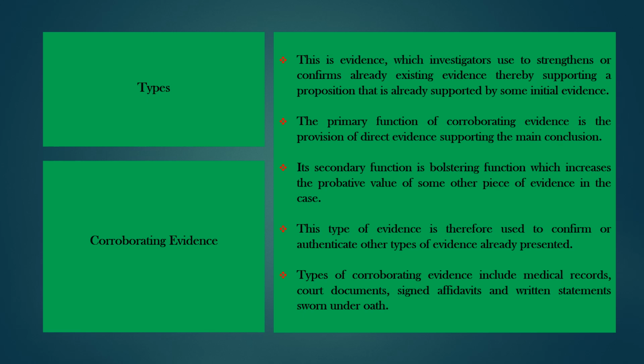Its secondary function is to bolster or strengthen, which increases the probative value of some other piece of evidence in the case. This type of evidence is therefore used to confirm or authenticate other types of evidence that have already been presented. Types of corroborating evidence might include medical records, court documents, signed affidavits, and even written statements sworn under oath.